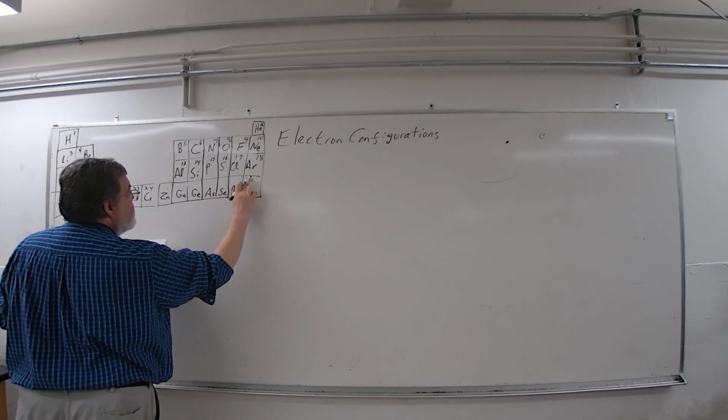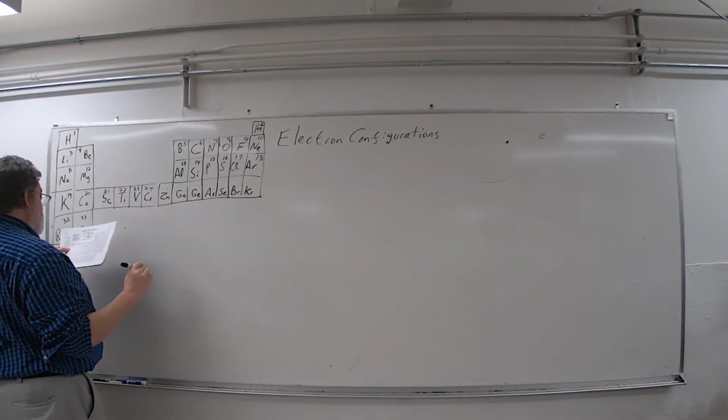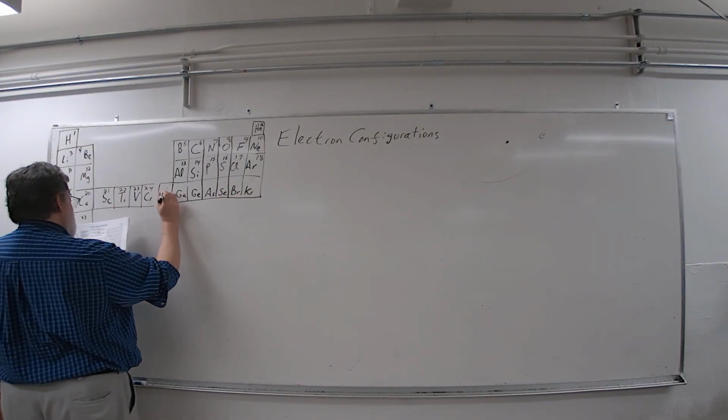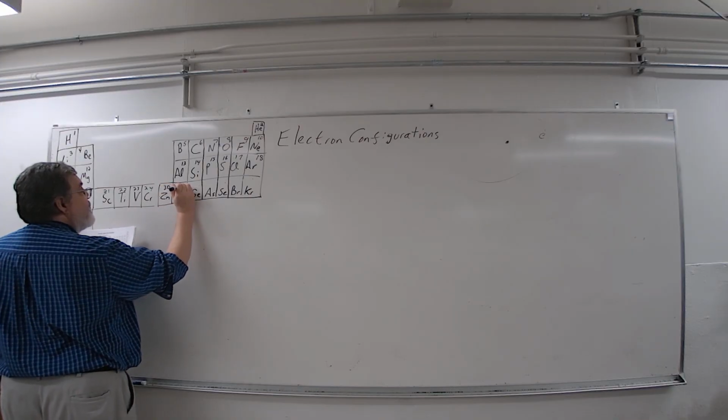I didn't put all of those in. Chromium is 24, zinc is 30.